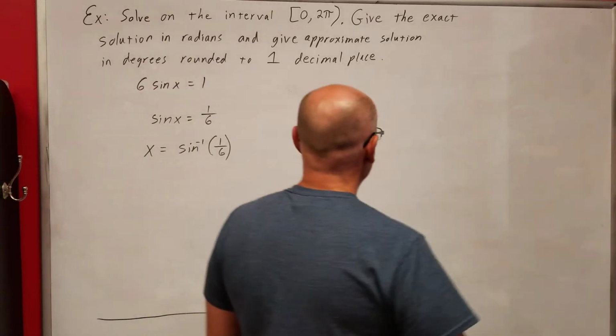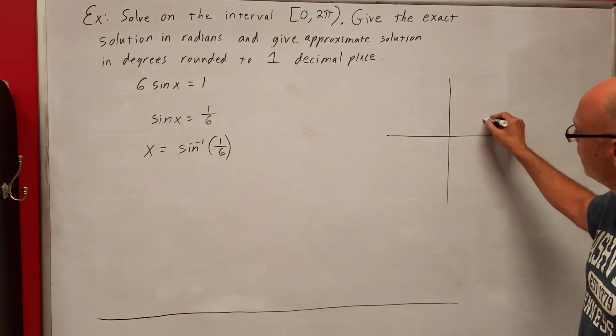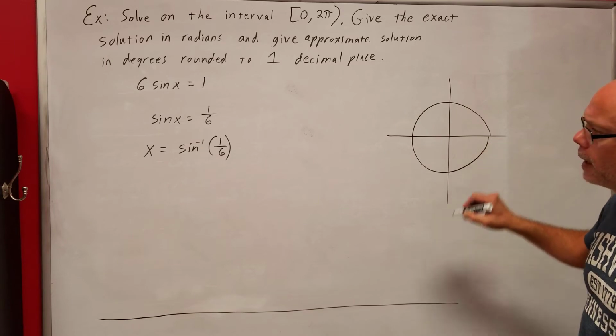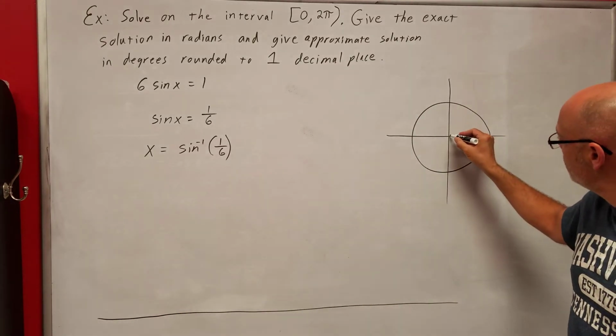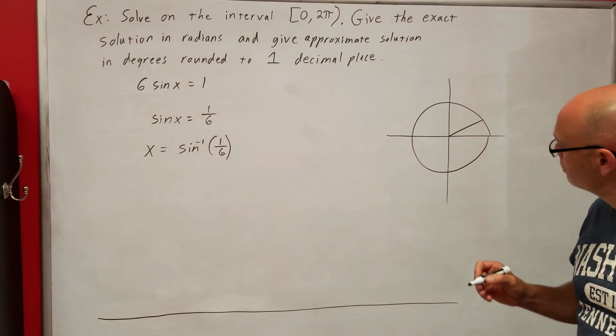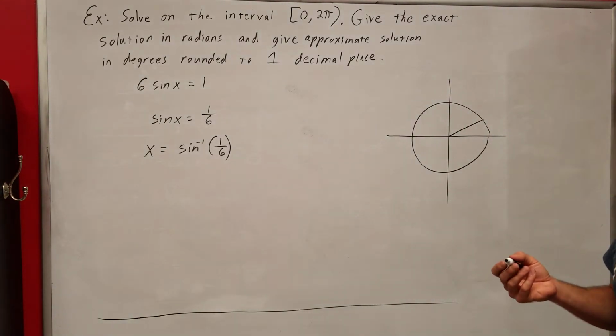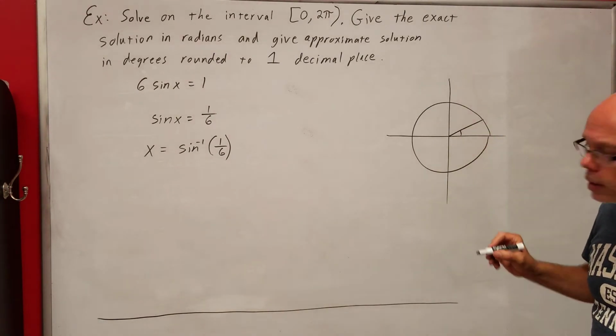Let's think about that for a second. If I think about the unit circle, here's my unit circle, and the angle whose sine is 1/6. Wouldn't that be an angle in quadrant 1 if it's a positive 1/6? So here's that angle whose sine is 1/6.